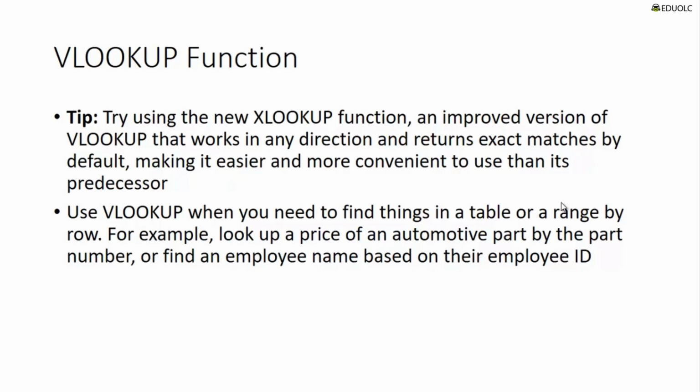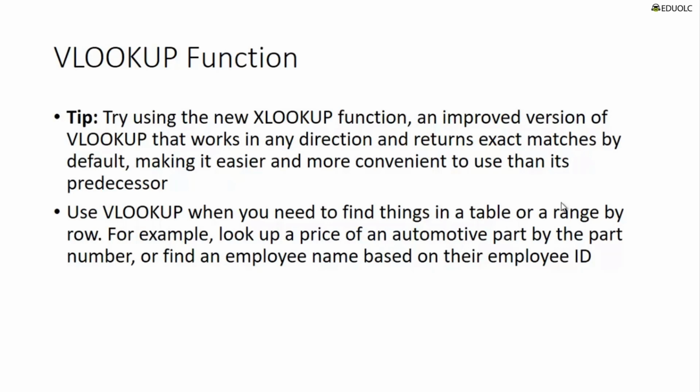What this means is VLOOKUP is a vertical lookup, which means we search by one column and we get the output of another column's data. So that is VLOOKUP. XLOOKUP function you can try in Excel.